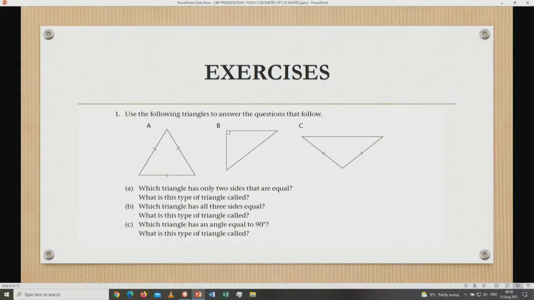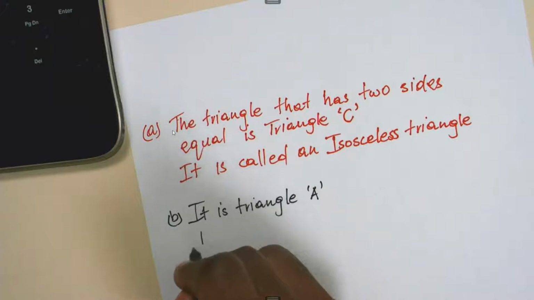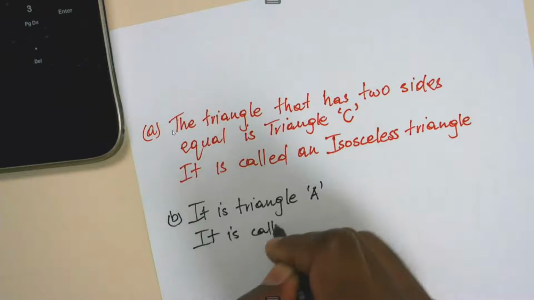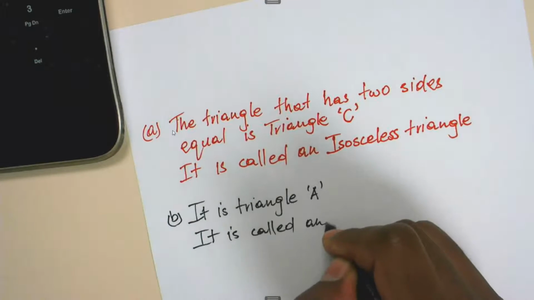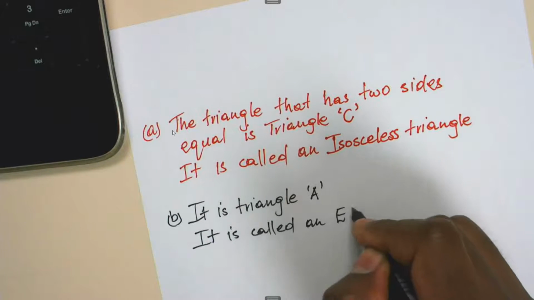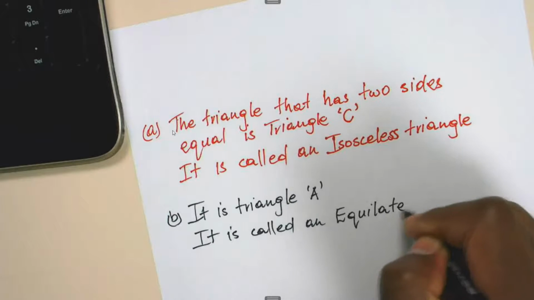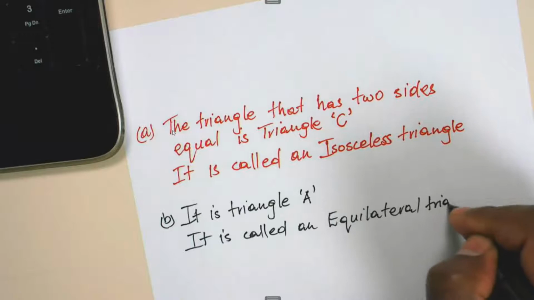It is triangle A that has got all 3 sides equal. And then what is this type of a triangle called? It is called an equilateral triangle.